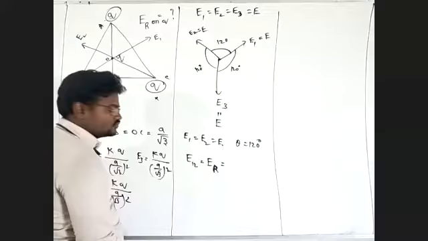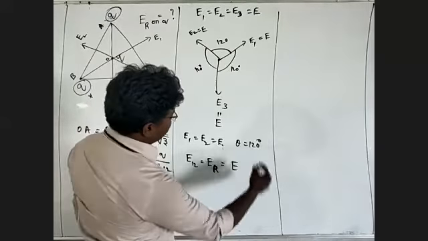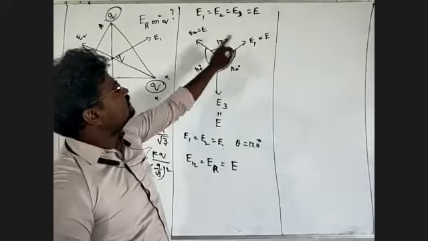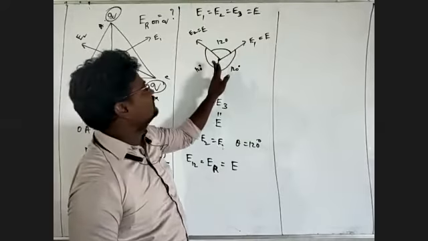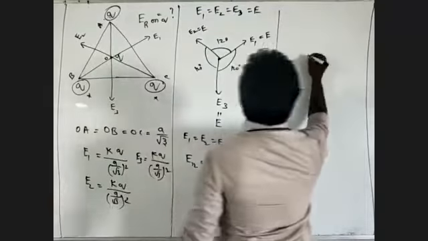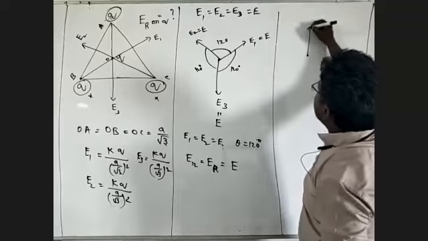What is the value? E12 is equal to E resultant is equal to E value. Now E1 and E2 are combined and the resultant E12 is equal to E. The direction of E12 is upward.